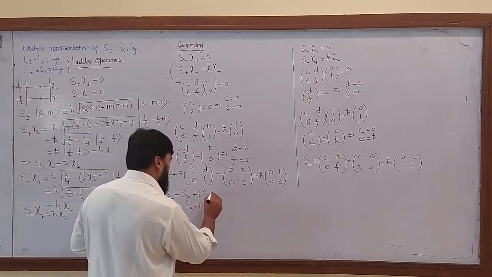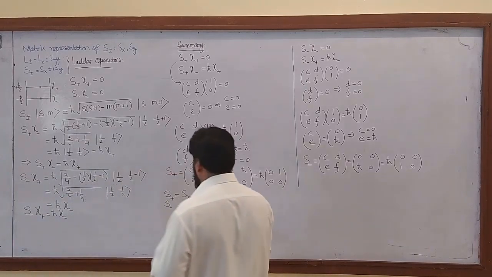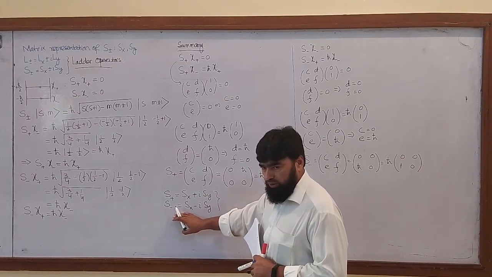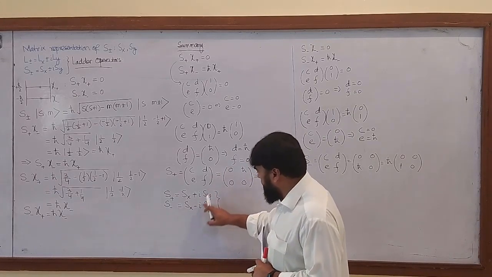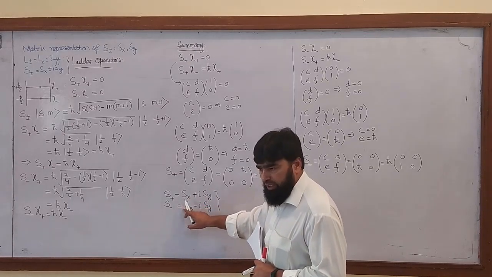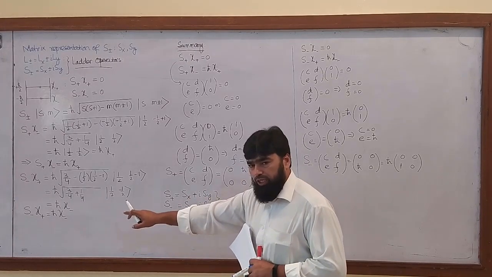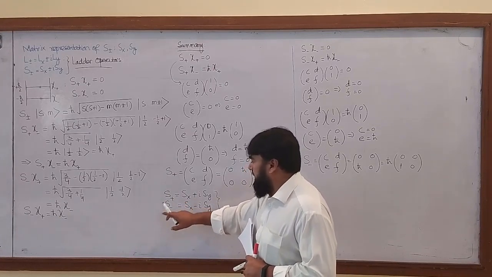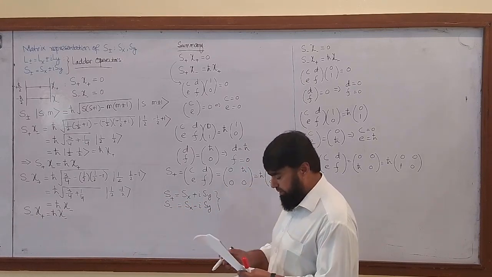So from here, I can write, if I add up the two, these two are cancelling, and this will become 2 times Sx, 2 I will move there. So Sx is equal to half S plus S minus.